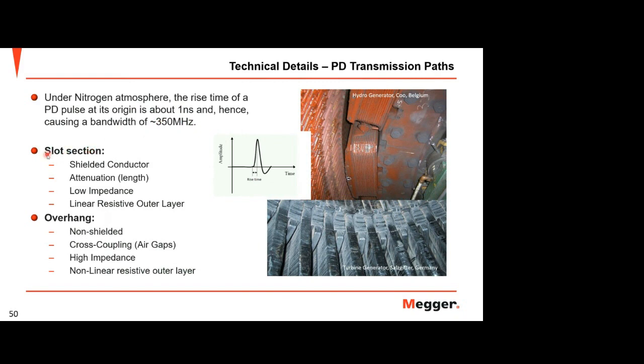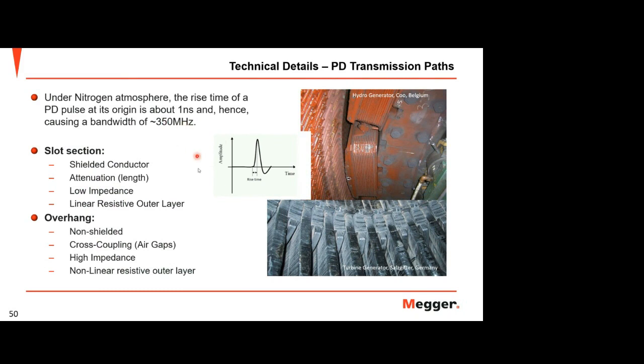But if you see the slot section, because in the rotating machine there are slot section and overhang, and this part can affect the transmission of the signal from the source of PD, because you know the slot section is a shielded conductor, and depending on the length, it can have attenuation and also a low impedance layer. Because of this, the signal from 350 megahertz, because of attenuation, gets reduced below this value.